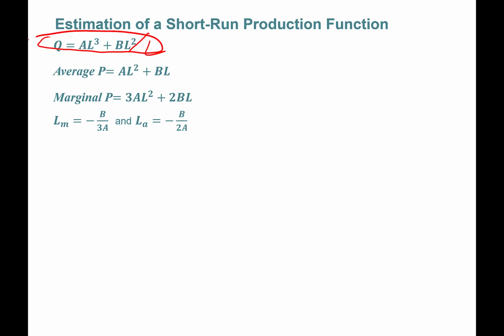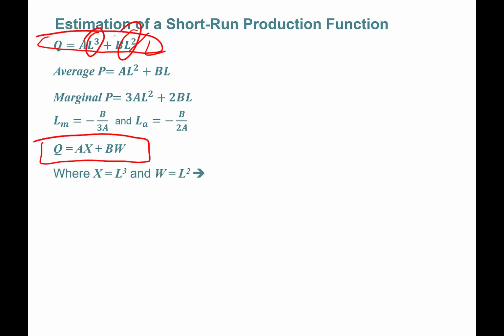And we also found the points at which diminishing marginal returns and diminishing average product set in. We want to find these points. So we're going to estimate this equation using a simple linear regression model where x is L raised to the power 3 and w is L raised to the power 2.